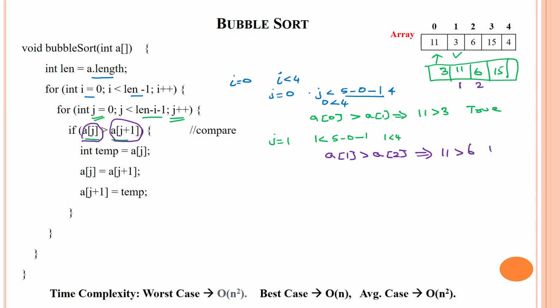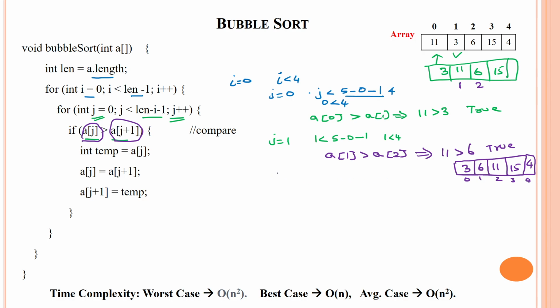So this is also true. If it is true, we have to swap. So after swapping, our array will be 3, and now 11 is swapped with 6. So 6 will come here, 11 will go here, then 15, and the last element is 14. So these are the indexes 0, 1, 2, 3, 4.